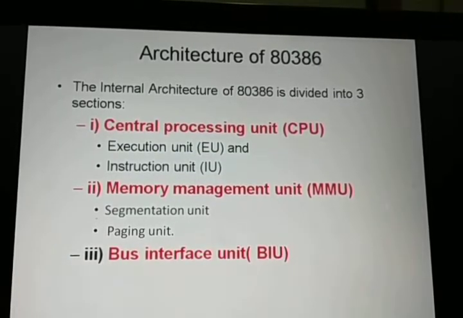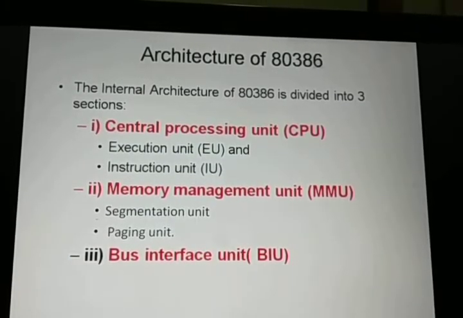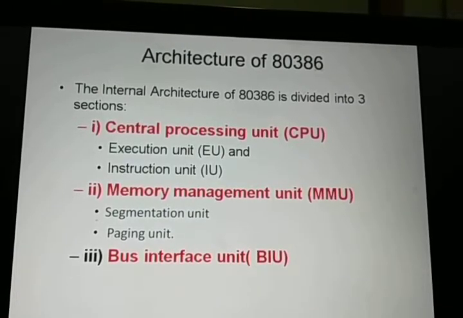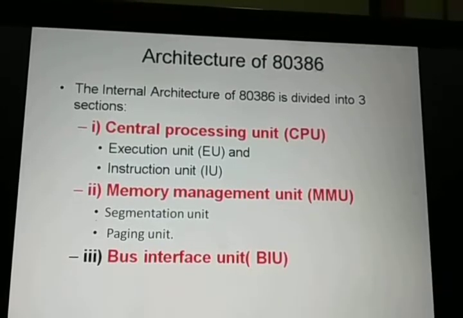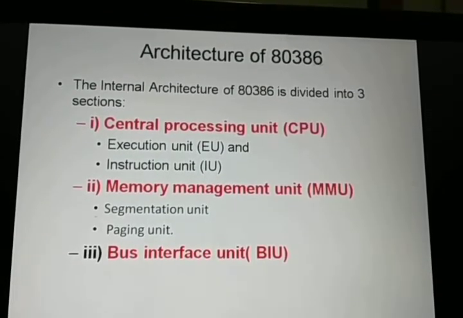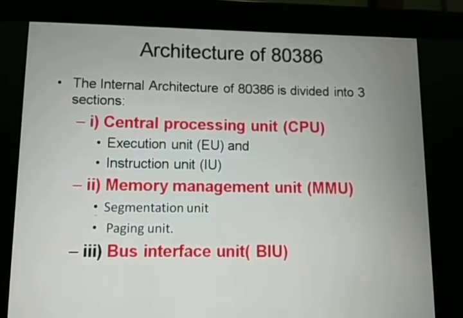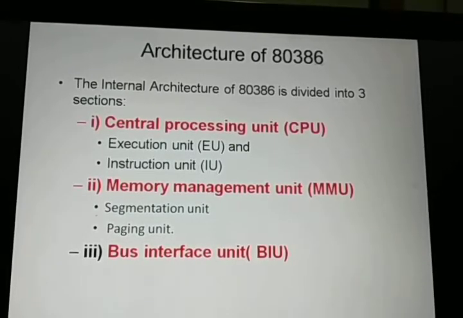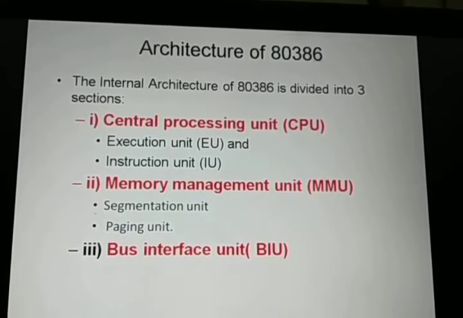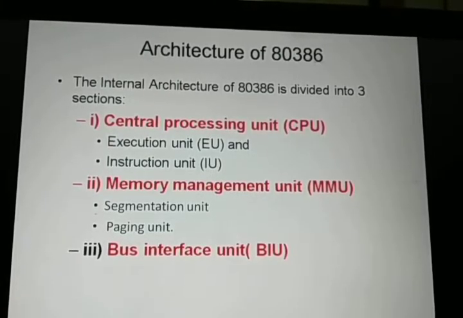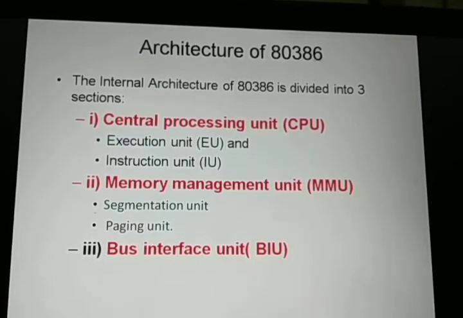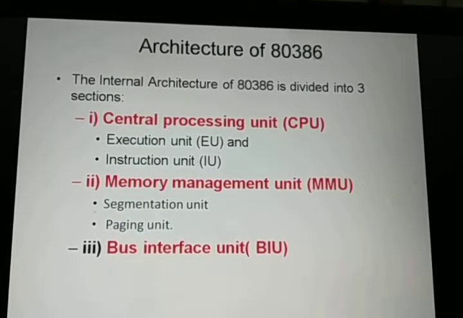Hello everyone. In this lecture, we will start from the architecture of 80386. In last lecture, we have also discussed the architecture diagram of 80386. What we have studied in last lecture is that the architecture has three sections: central processing unit, memory management unit, and bus interface unit.